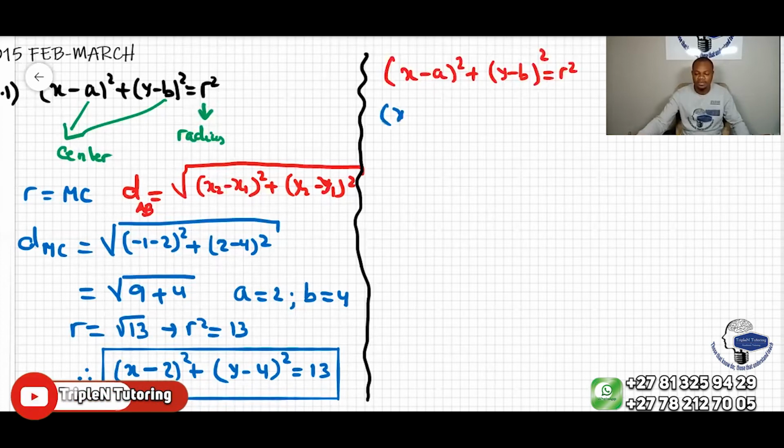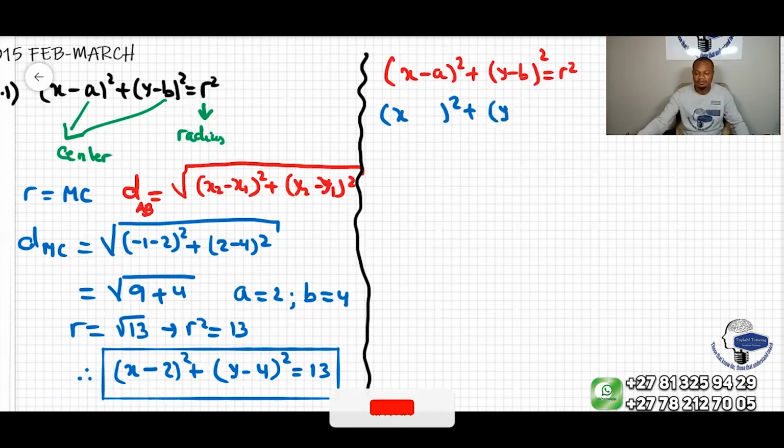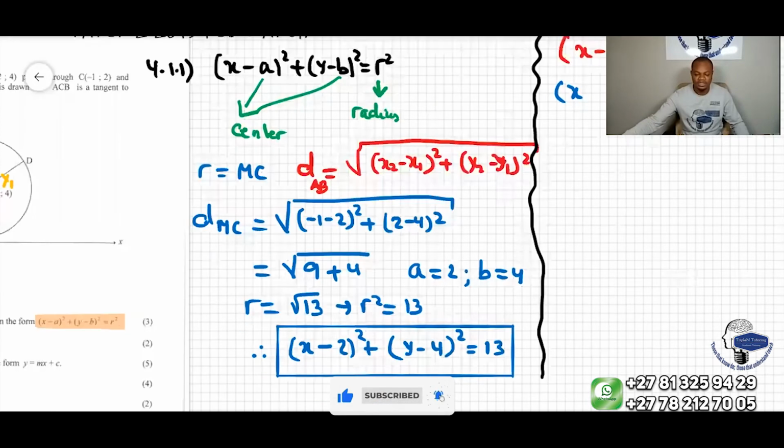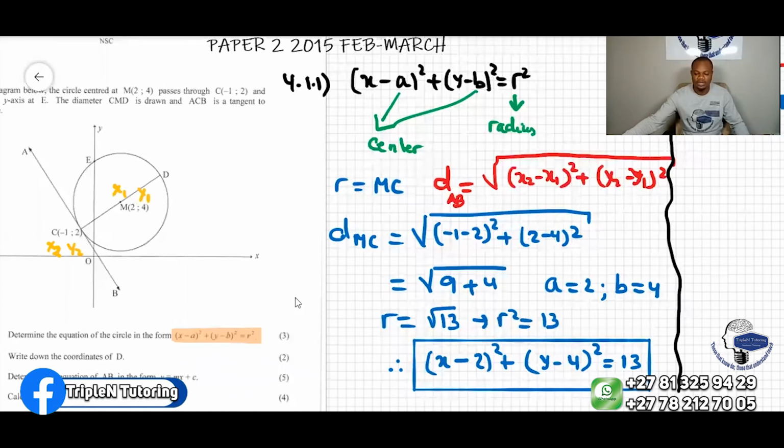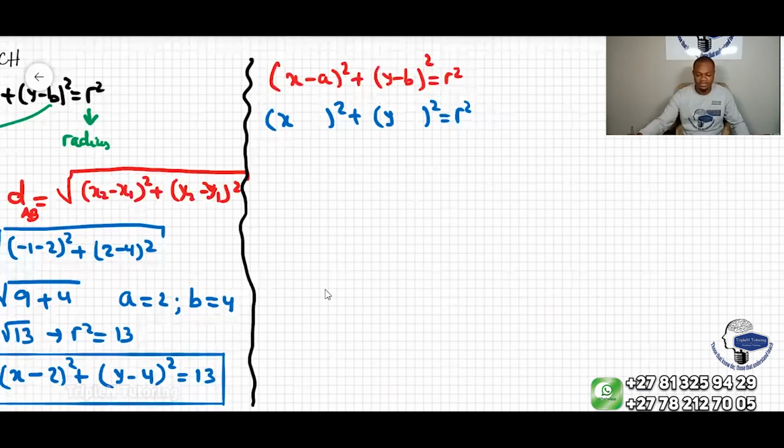First we can sub in the coordinates of the center, which are 2 and 4, because a and b stand for the coordinates of the center. That makes minus 2 and minus 4 there.